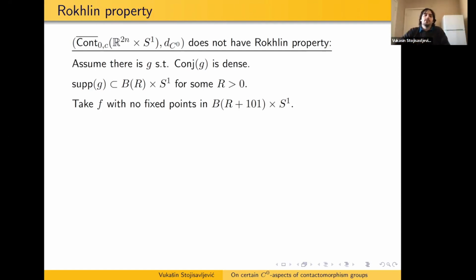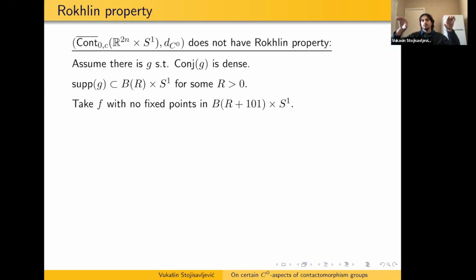So we take an element which has no fixed points in the ball of radius r plus 101 times S^1. You might ask, why do we know this exists? The Reeb flow on this manifold is rotating in the S^1 direction, so the contact Hamiltonian of the Reeb flow is just the identity.